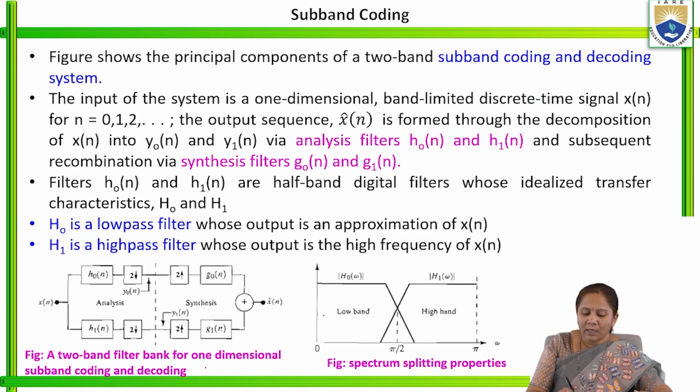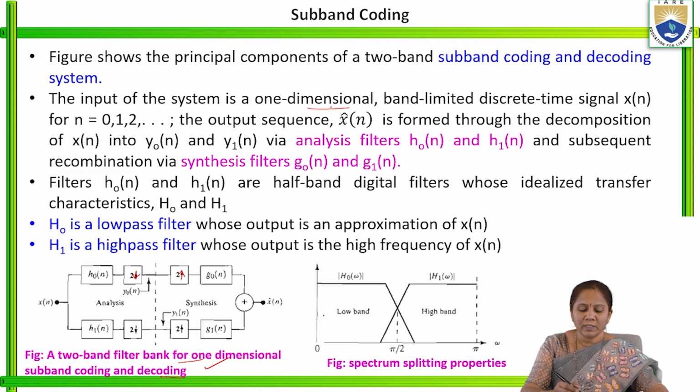Here is the figure we have to consider, which shows a two-band filter bank for one-dimensional subband coding and decoding. For coding, a downsampler is used; for decoding, an upsampler is used. The input of the system is one-dimensional, x of n.